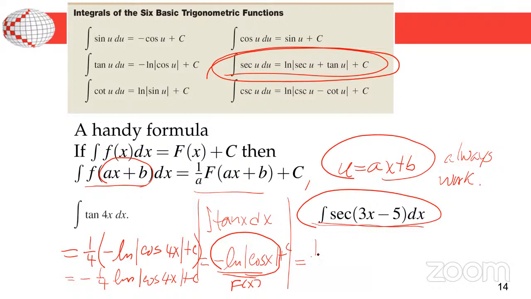It's going to be 1/3, because a is 3, and then I have a log of secant u plus tangent u, where u is 3x minus 5, so it's secant 3x minus 5 plus tangent 3x minus 5, with the absolute value, plus c. So you can write it right away.